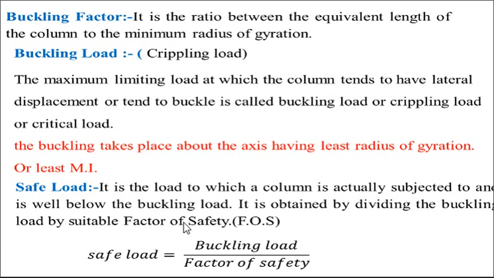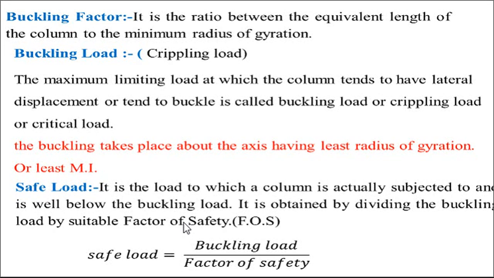so we have to design our compression member for the safe load, because our structure should be safe. To design a safer structure, we have to determine this safe load, and it is determined by taking the value of the buckling load, that is the ultimate crushing or maximum limiting load at which the beam bends or tries to buckle.